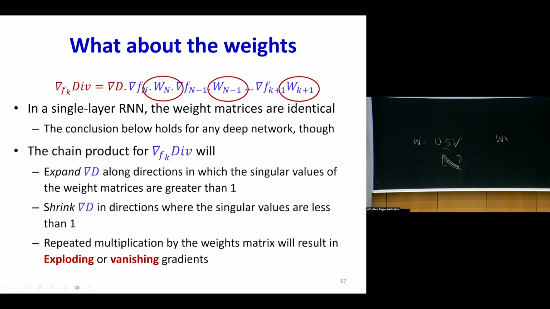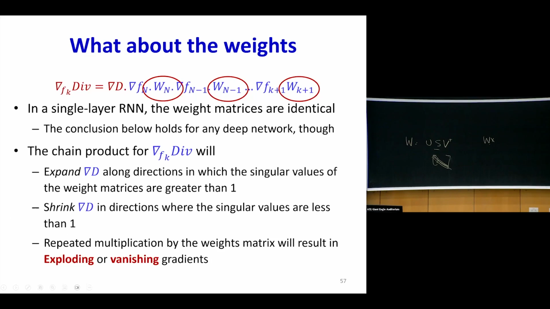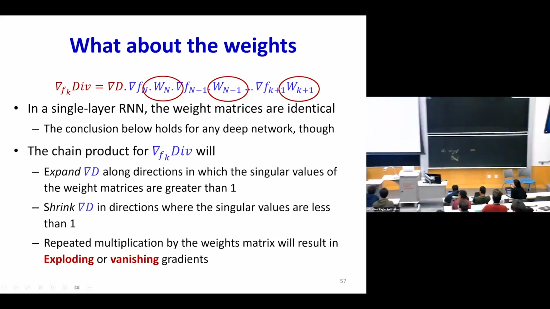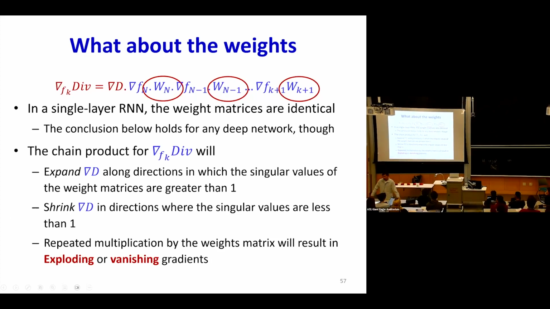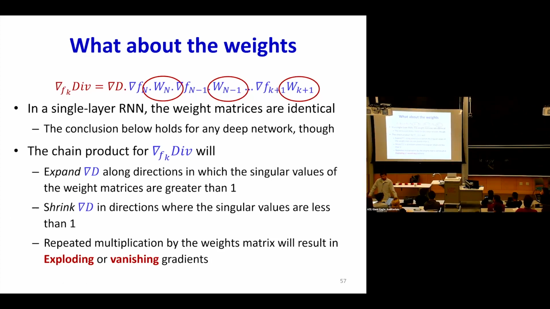If I pick any vector, it may lie in the direction of a singular value that's greater than 1 for the first weight matrix. Then it gets rotated to a new position where the corresponding singular value is less than 1. So as this chain gets longer and longer, it doesn't matter which vector you begin with. The odds are eventually it's just going to shrink and die.